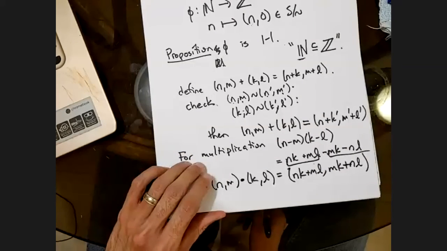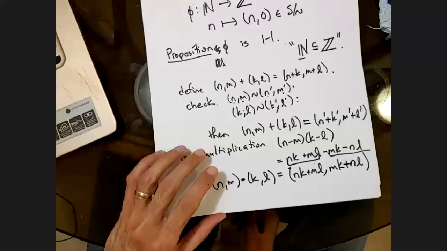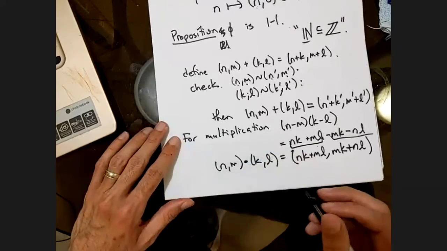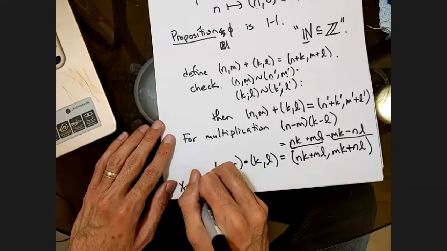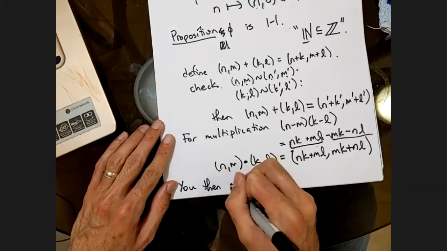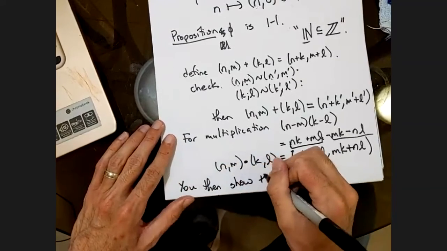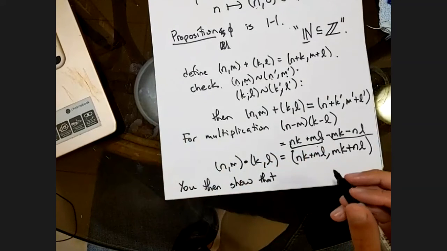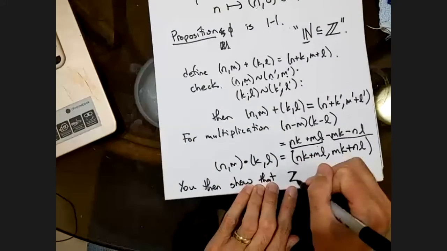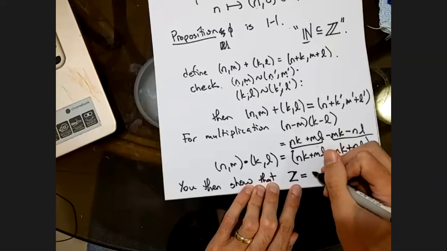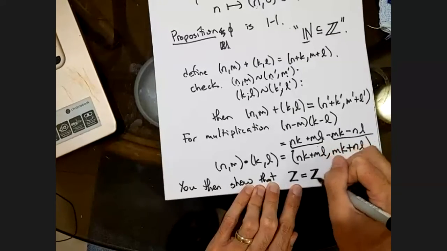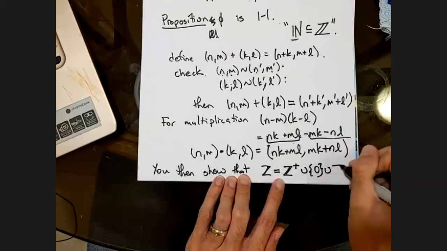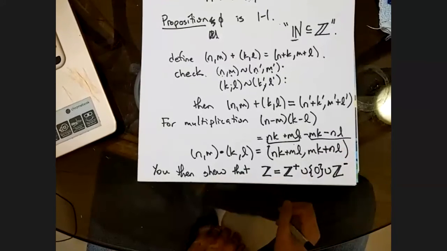And there's many other things you have to do, just to give you another example. You then show that you can write the integers as the union of the positive integers, the integer 0, and the negative integers.